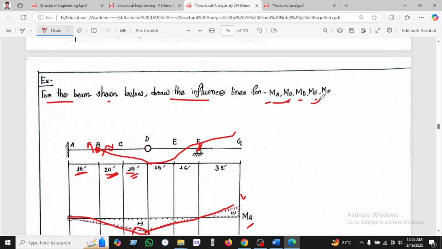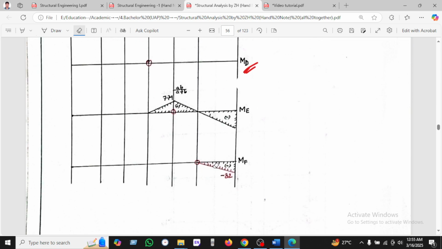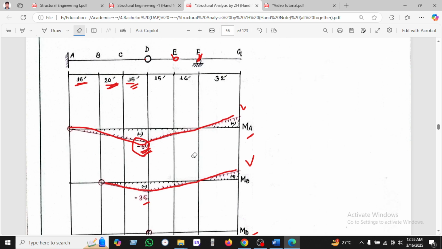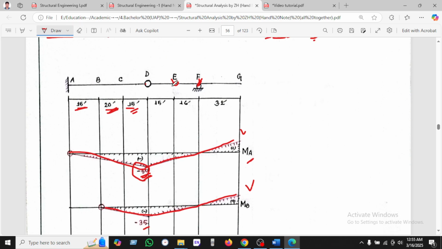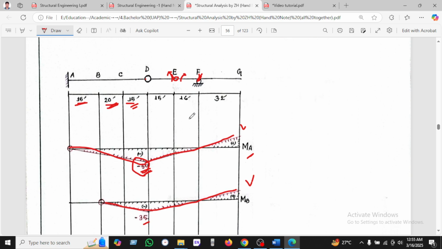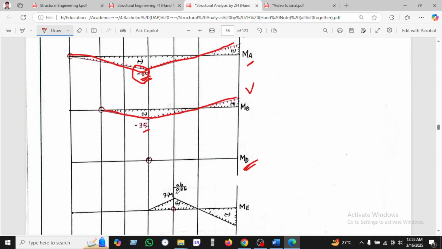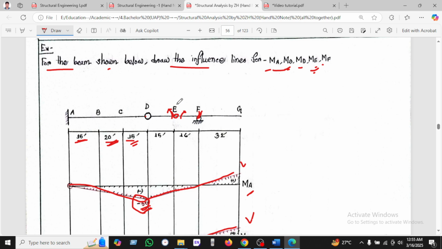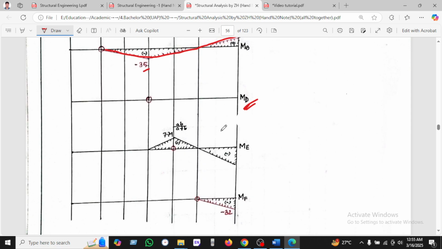Another one, ME. We can see ME. If we take the internal hinge here and just erase here, then what will happen? There is no change on the left side, as the fixed support is here. And the right side will be changed this way.